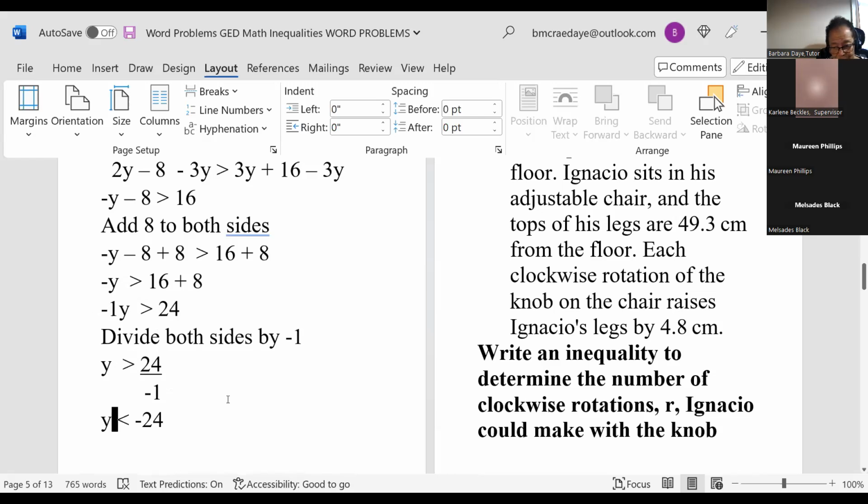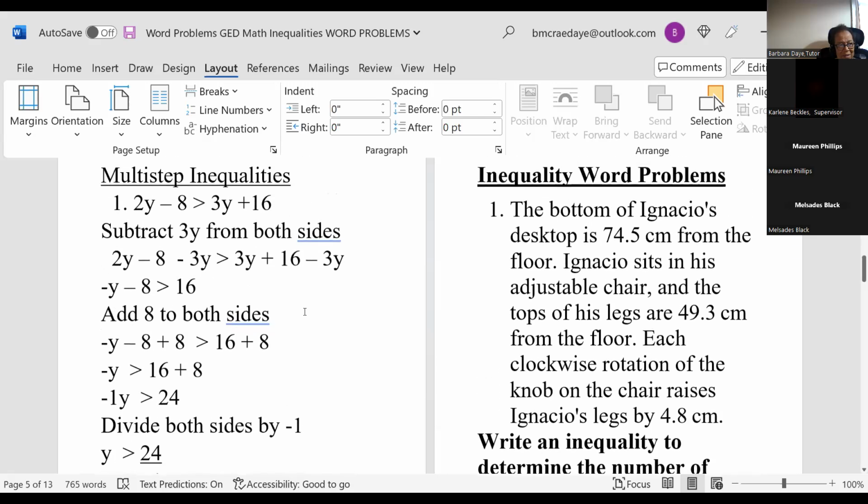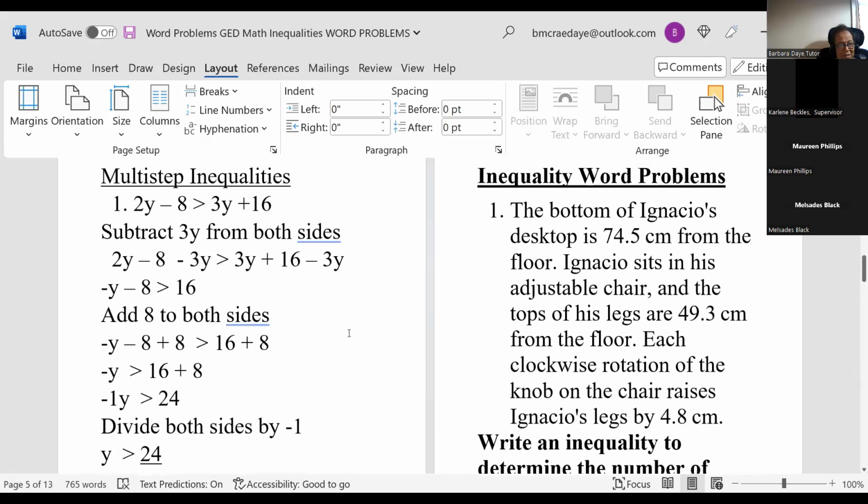Got it? This one I feel really, I listened to your recording and I was a bit confused. Like you said subtract 3 on both sides, then I'm looking to where you put the 3.